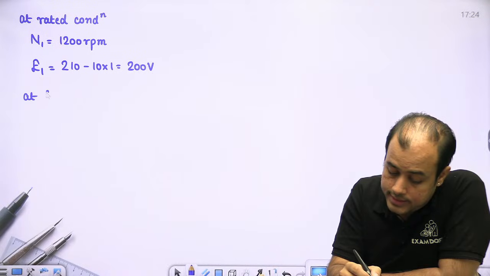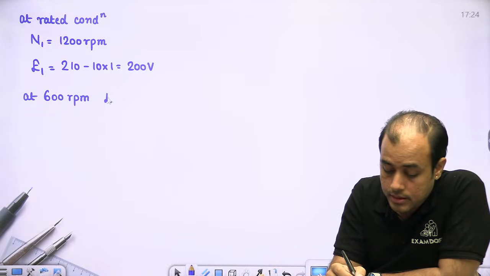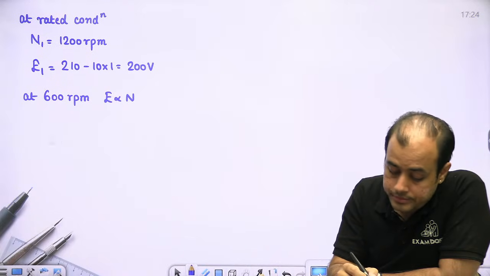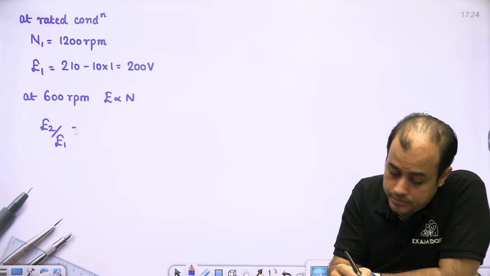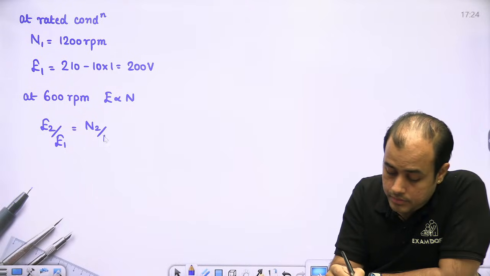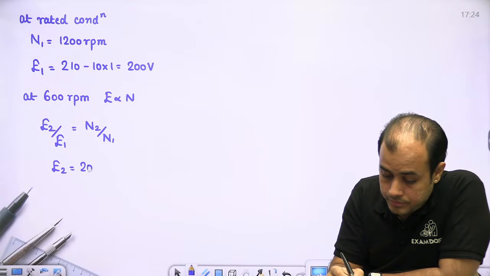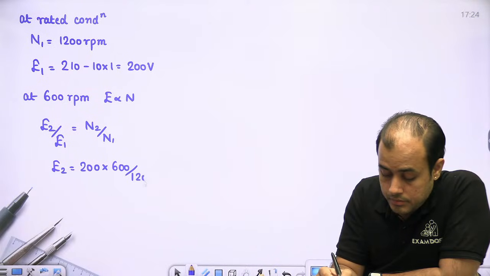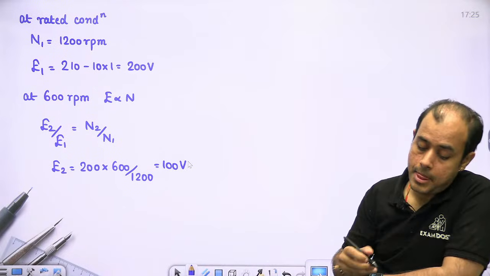Now at 600 RPM, because flux is constant, so E2 by E1, it is 100 volt. Okay.